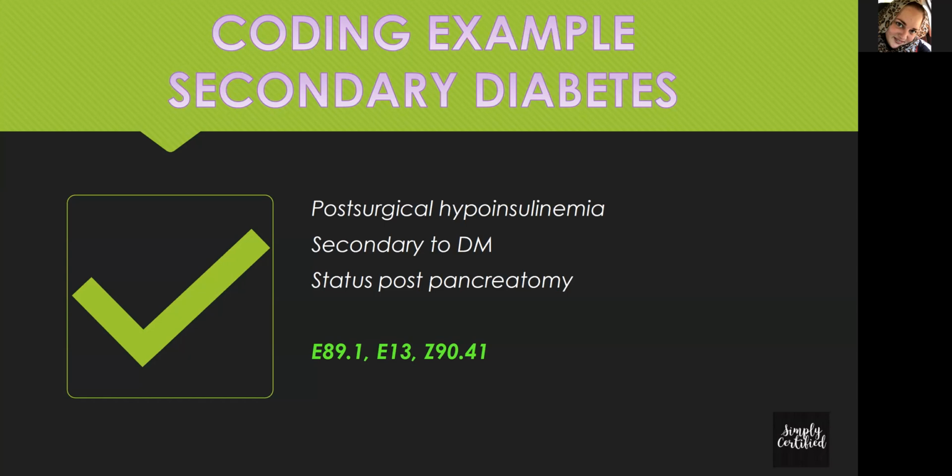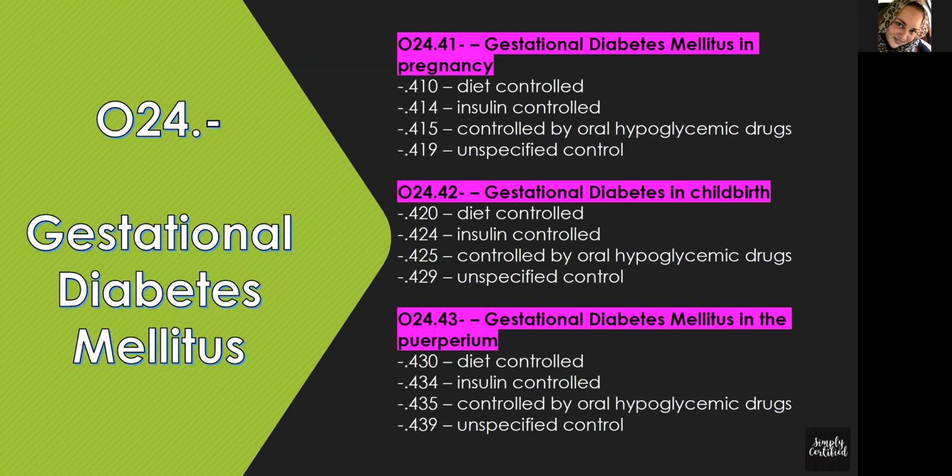So you would code the E89.1 for the post-surgical hypoinsulinemia. If we follow what the guidelines say, next we will code the secondary diabetes code, the diabetes caused from having their pancreas removed. And then we would code the status post-pancreatectomy to let everybody know that, hey, this patient doesn't have a pancreas anymore. They have a history of having it removed.